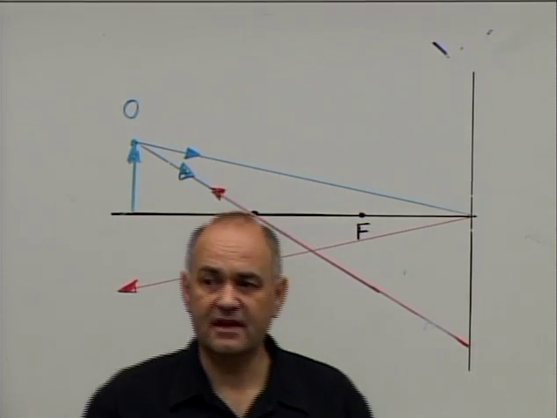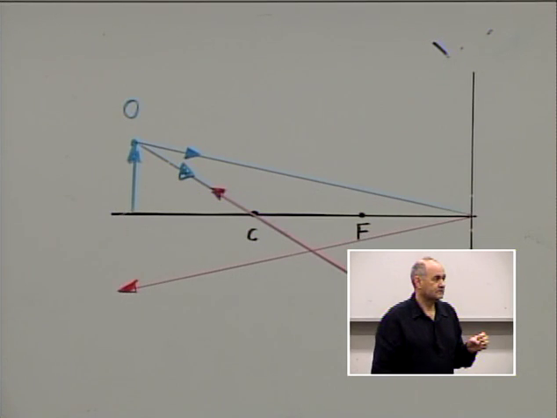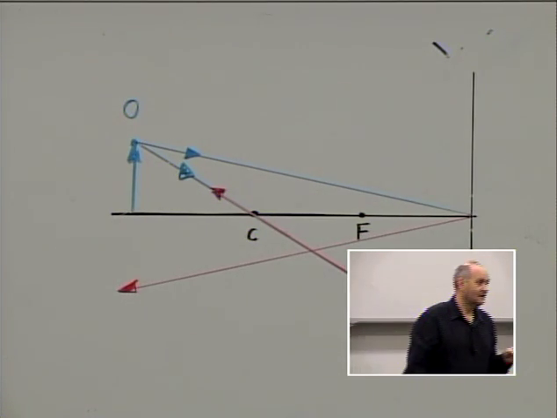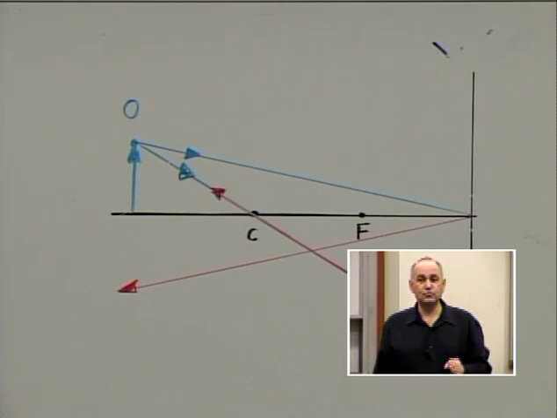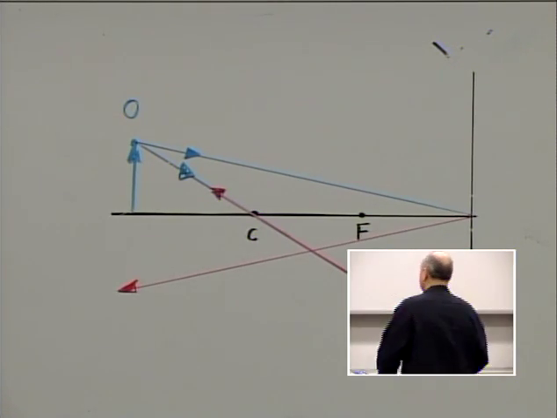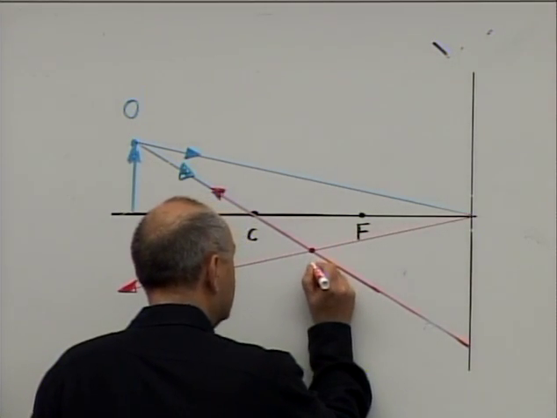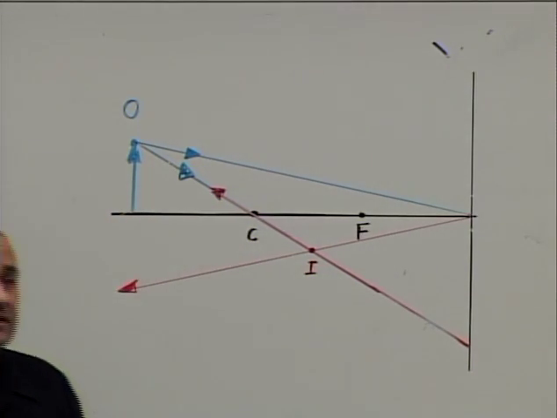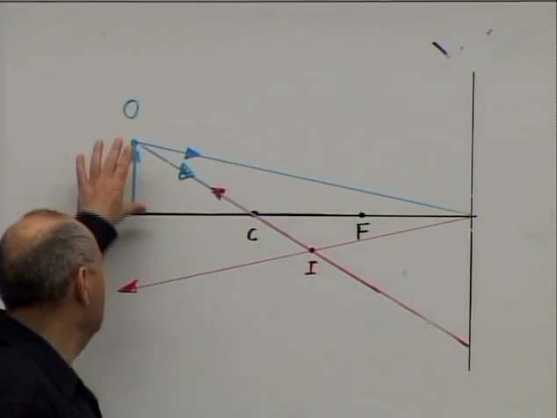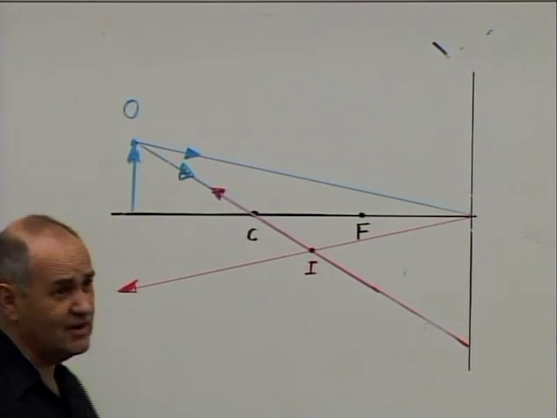Can I already locate the image? Christy? Where? Where the two image rays cross, we will have the image of point O. Okay, so here is the image of point O. Now, in order to have an image of the entire arrow, I would actually need to repeat the construction for every point.